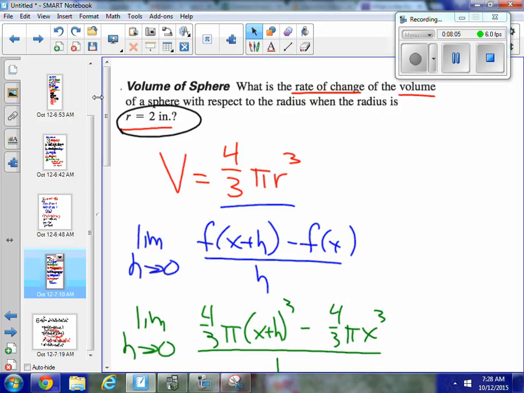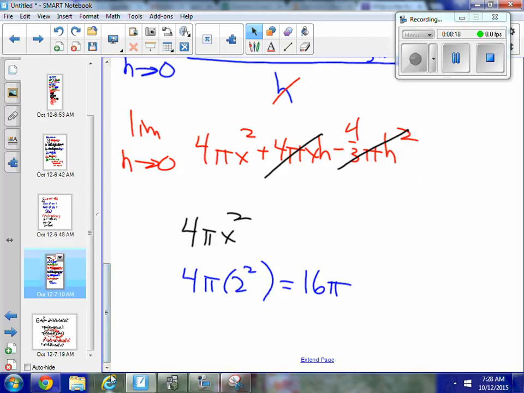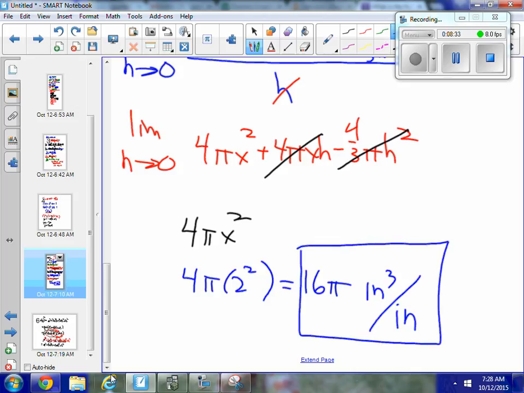My volume is in cubic inches, and my radius is just in inches. So if my rate of change is 16 pi, I am changing 16 pi cubic inches for every inch of radius. So this is the answer.